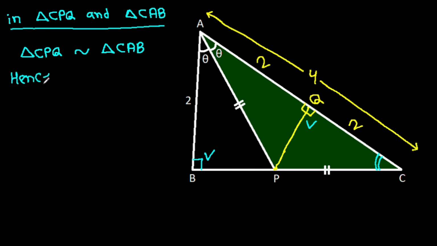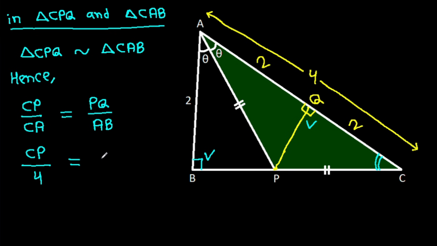Hence CP over CA will be PQ over AB, and CA is 4 and AB is 2.